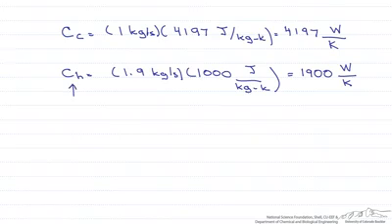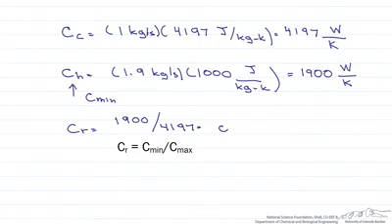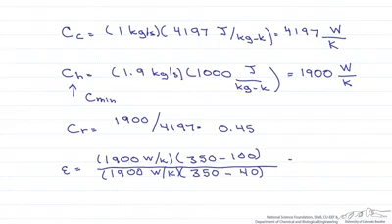So this is going to be equal to our C min. Finally, we have to find the ratio of these heat capacity rates, and that's equal to 0.45. The next thing we do is calculate our effectiveness. And when we calculate this, we find that we have an effectiveness of 0.8.